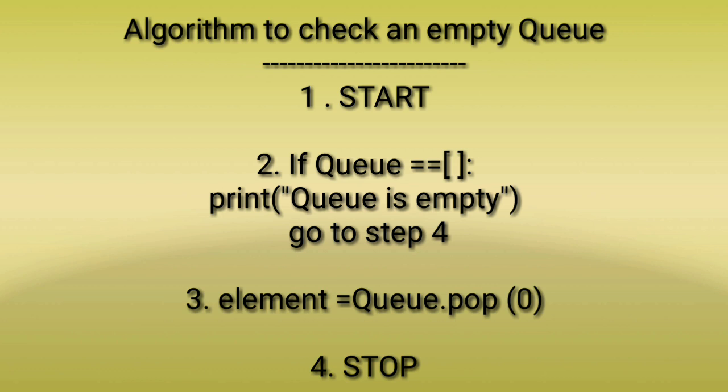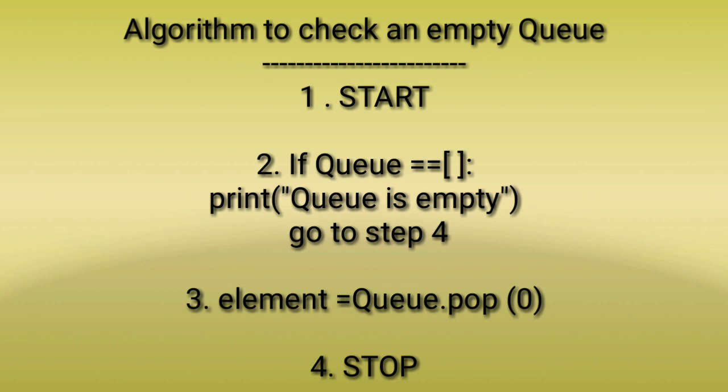Then the third step is element equal to, that means if queue is non-empty or elements are present in a queue, then only deletion is possible. So this third step will work. Element equal to queue dot pop of 0.